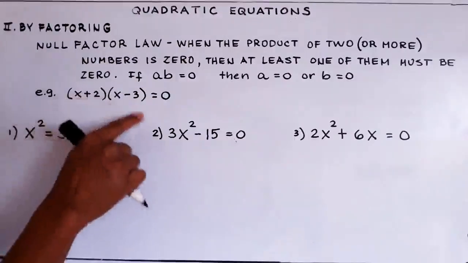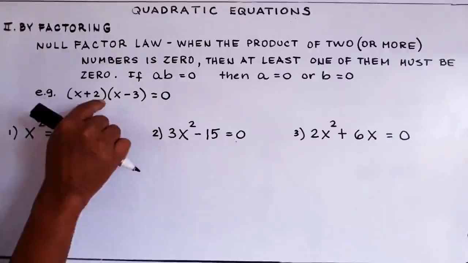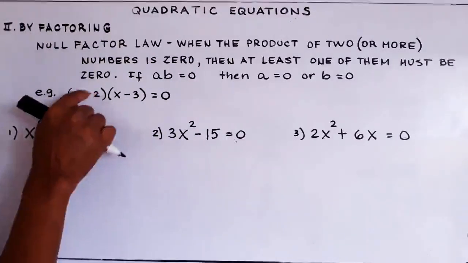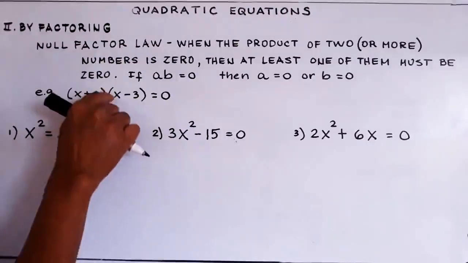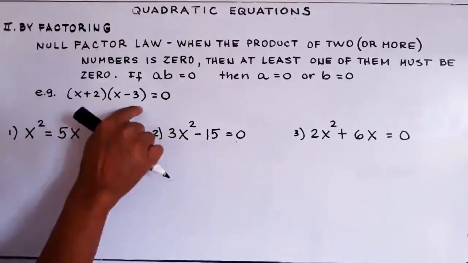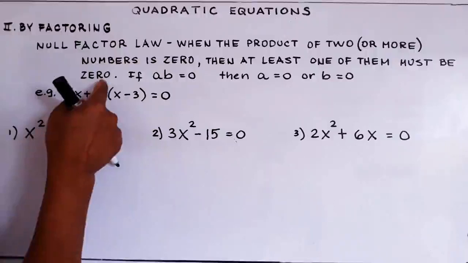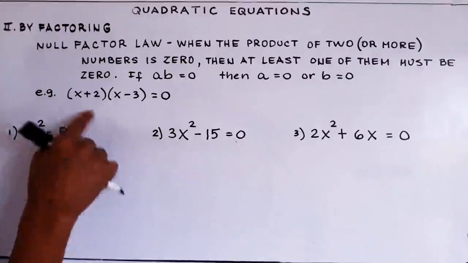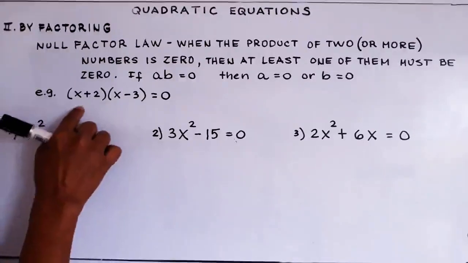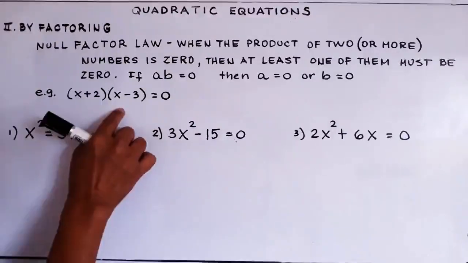Now, in formal computations, sometimes it is not as simple as this. Sometimes we have 2x plus 2, or 3x plus 2, or 5x minus 3 over 4. So, to solve for x in this form, we equate each factor to 0. For x plus 2, we put x plus 2 equal to 0.